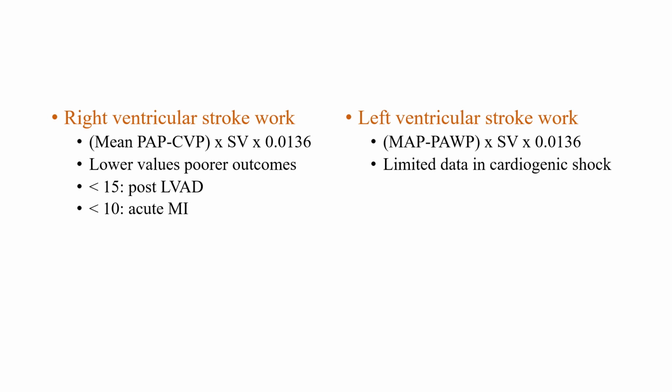While in the LV, the LV stroke work is the mean arterial pressure minus pulmonary capillary wedge pressure, times stroke volume, times 0.0136. There is limited data for left ventricular stroke work in cardiogenic shock, while in right ventricular stroke work, lower values indicate poorer outcomes.